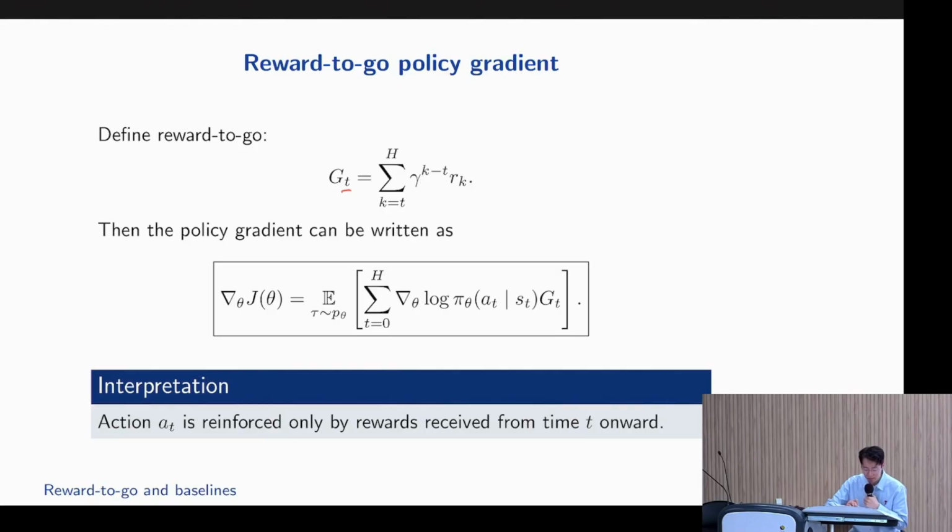So the policy gradient can be written as the expectation over the trajectory of the sum over time steps of the gradient log action probability, weighted not by the entire trajectory return, but only by the return to go. So action AT is reinforced only by rewards received from time t onwards. This is the REINFORCE algorithm.